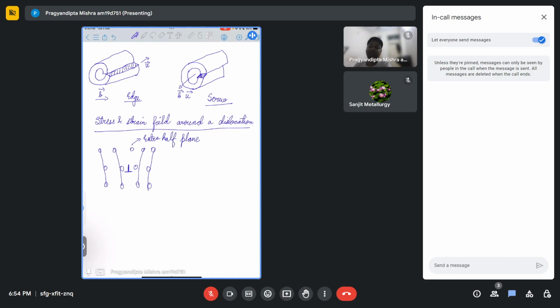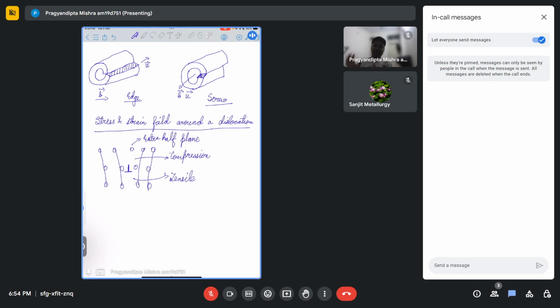The presence of this extra half plane on the top part will lead to compression here, right? Because you're trying to squeeze in an extra half plane in between the structure.